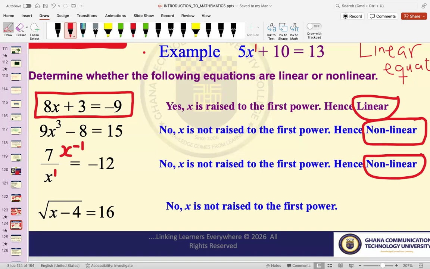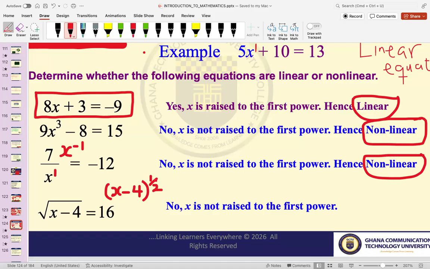For linear, there shouldn't be any negative number. It should be just 1. And then look at the last one, square root of x minus 4. This square root, you can rewrite it as x minus 4 raised to the power half.